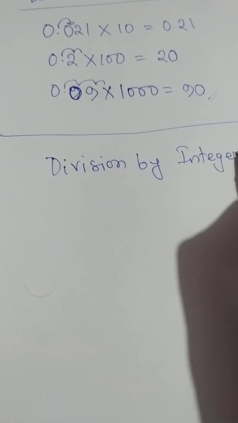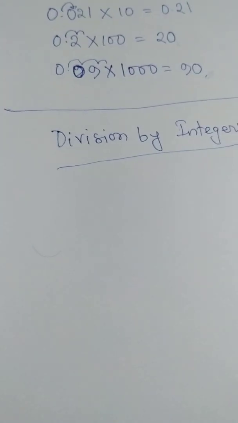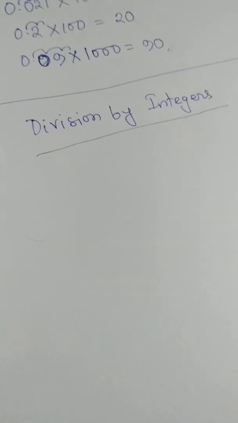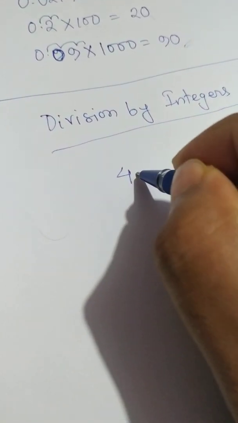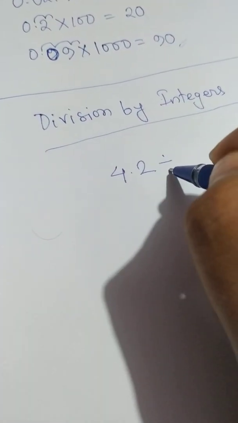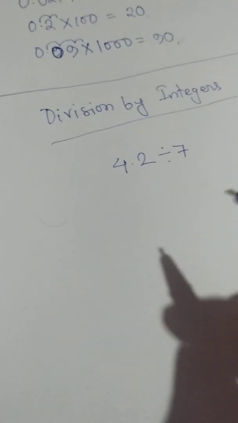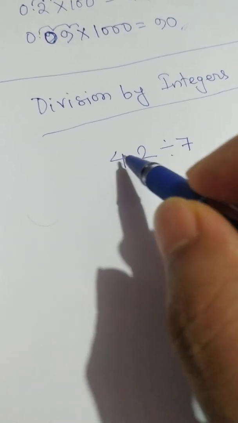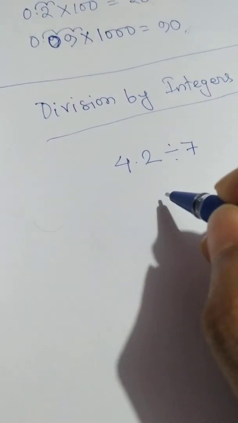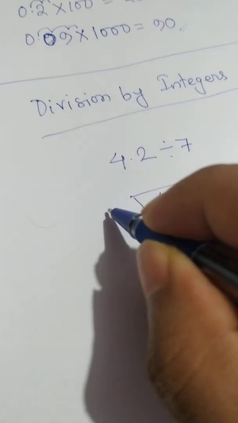For the division part, please be very careful how to divide. Let's say I have to divide 4.2 divided by 7. In the normal way, we know that this is the divisor and this is the dividend, right? So we put 4.2 over here, 7 over here.